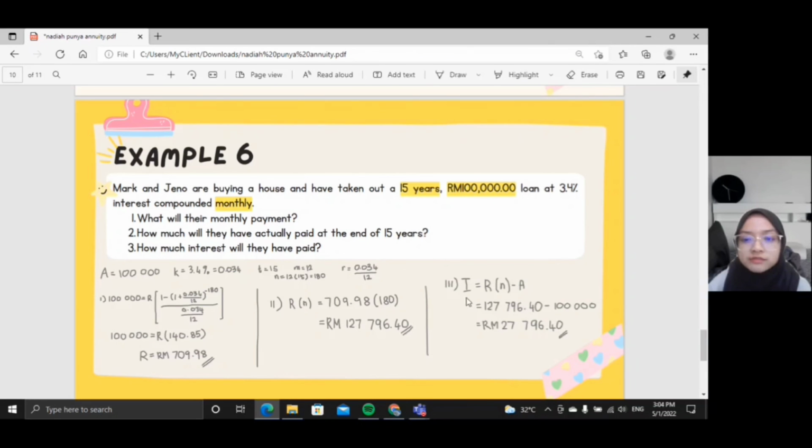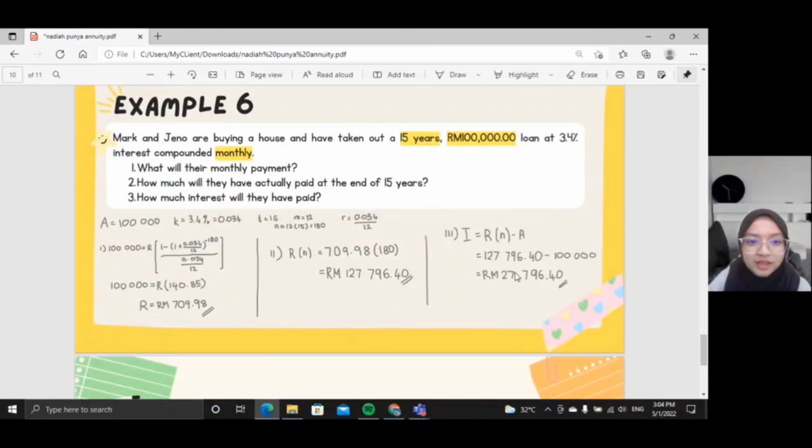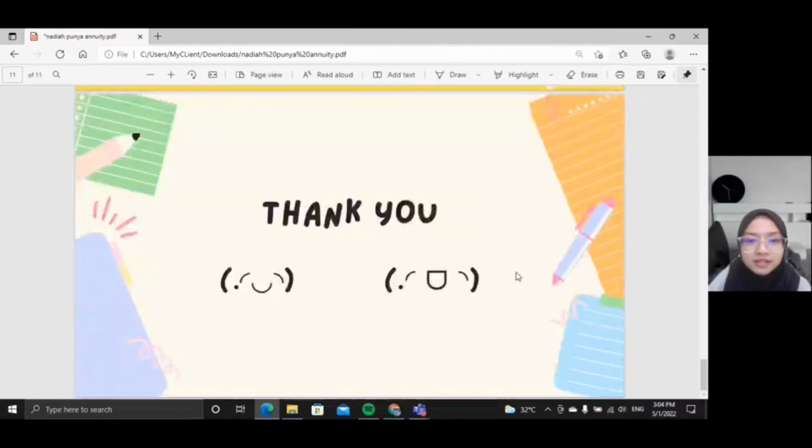You use the formula for future value: interest amount is equal to R times N minus A. And then just RN we have here from the second question, 127,796.40, minus A here, which is 100,000 ringgit, and the answer we will get is 27,796 ringgit with 40 cents. I'm sorry. Okay, we have already answered all the questions.